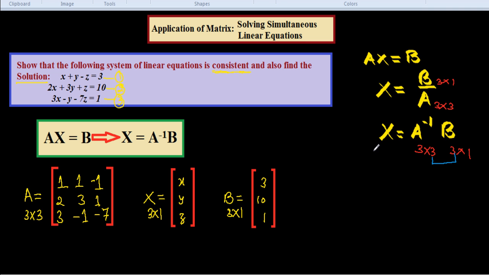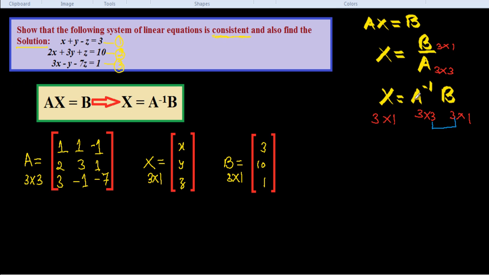X would be 3 by 1, so this multiplication would be in the form of 3 by 1. So we can equate and compare this, and we can get the values of x, y, and z. Why are we not putting A inverse behind B? I will explain this also.